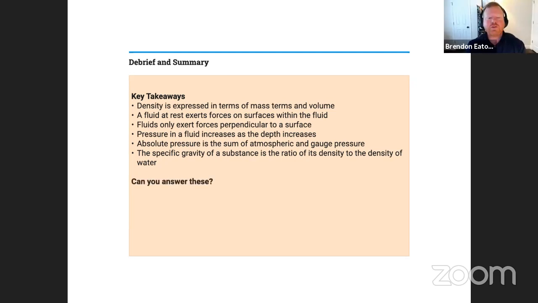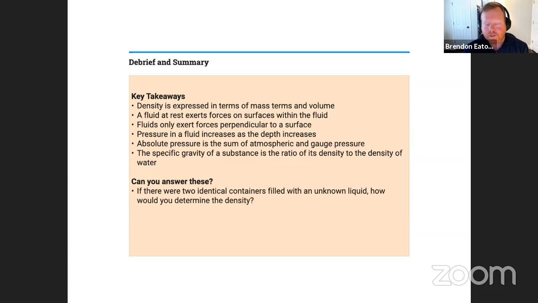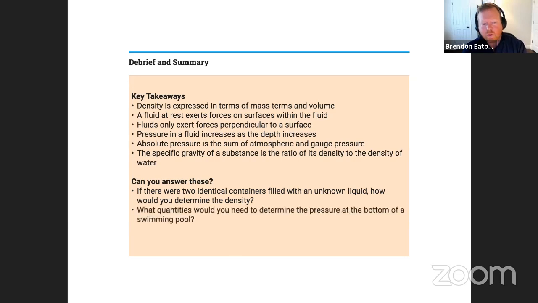And can you answer these two questions? If you had two identical containers filled with a known liquid, how would you determine the density of those two containers of liquid? And what quantities would you need to determine the pressure at the bottom of a swimming pool?